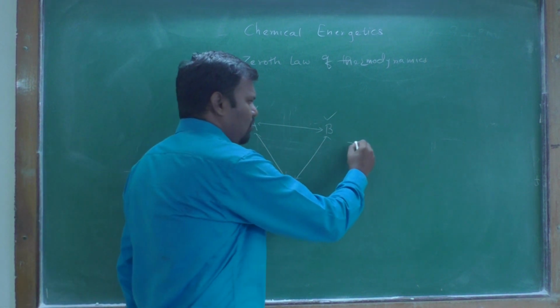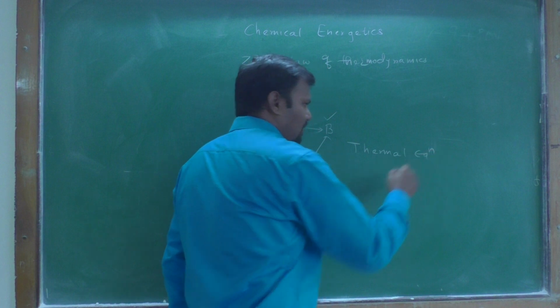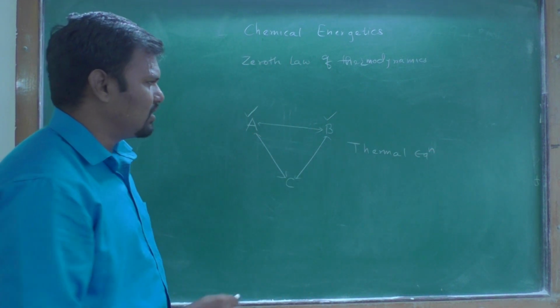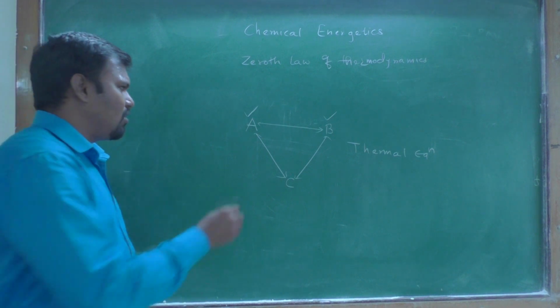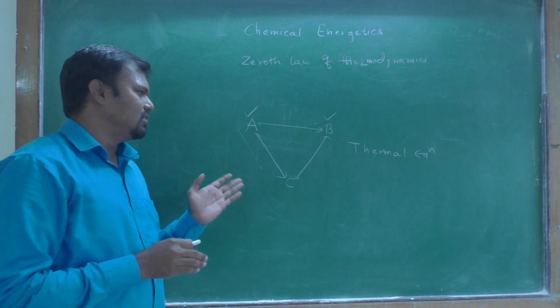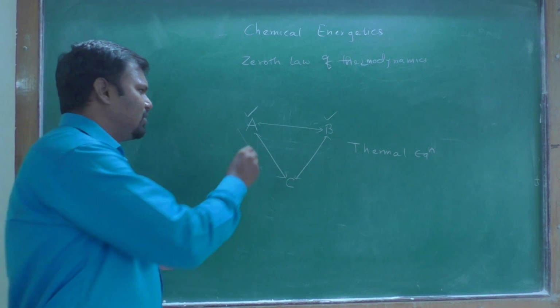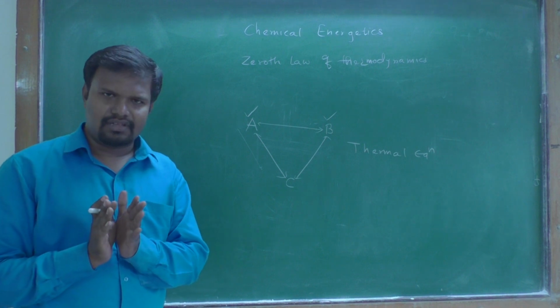Okay, what is thermal equilibrium? Thermal equilibrium means there is no net thermal energy flow from A to B, and there is a permeable route between A and C for transfer of heat.